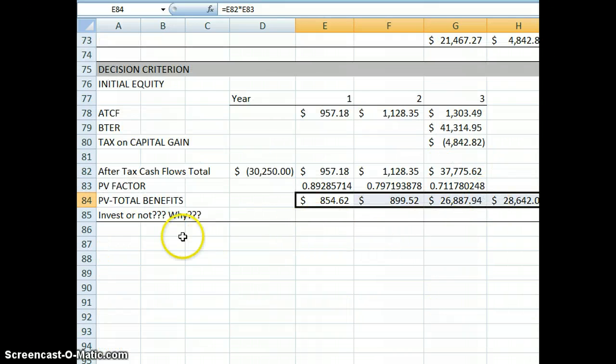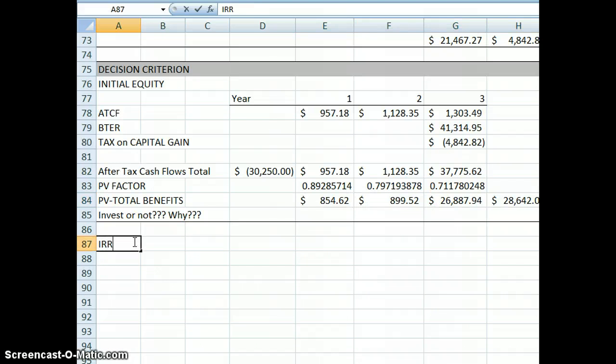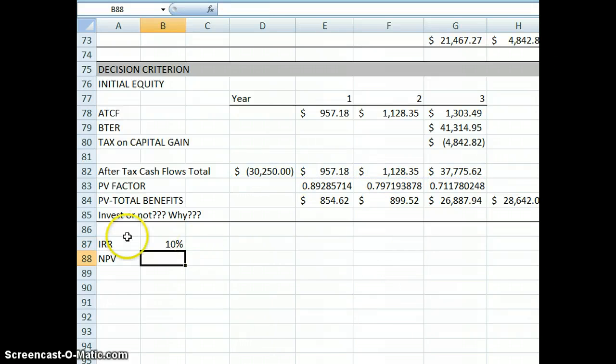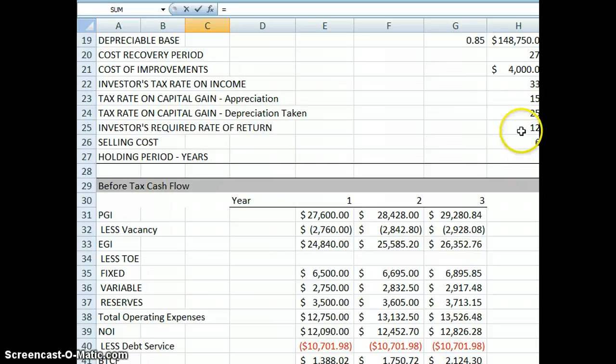So now we'll do IRR and NPV. So IRR equals IRR, and our values, we're going to include the initial investment and then all the other ones. So that's 10%. And then if we recall, our rate of return that we want is actually equal to this little magical number up here, 12%.